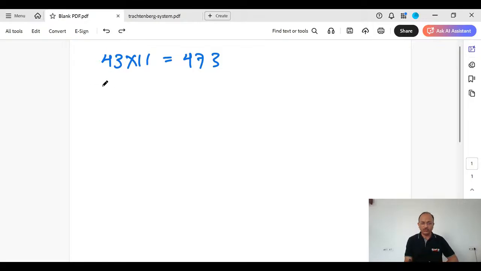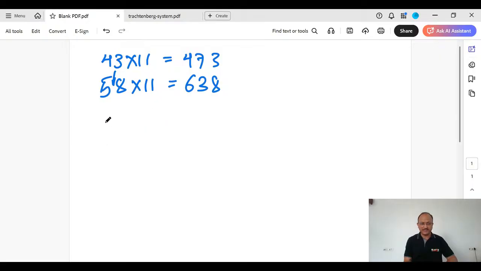Or if you have a number with carryover, 58 into 11: 5 plus 8 is 13, but only 3 we insert here, and 1 we add to the previous number, so it becomes 638.